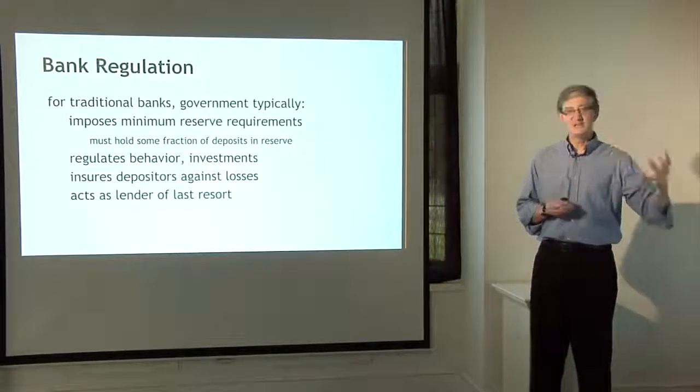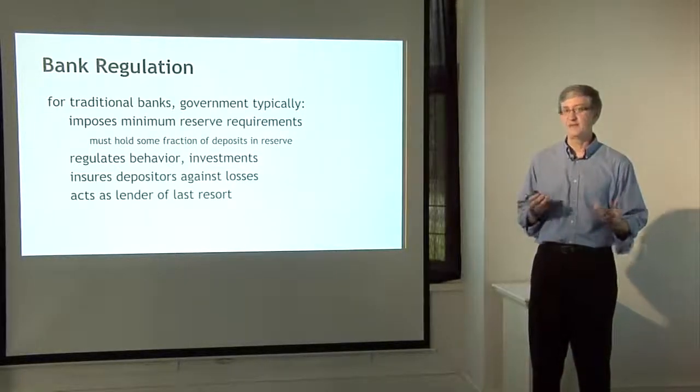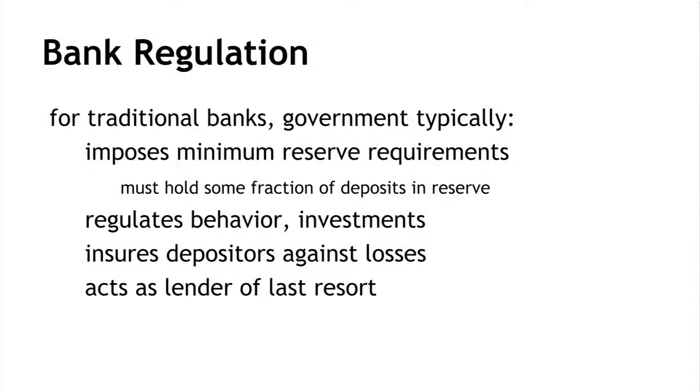Now, connecting this back to banks, we don't see a 45% failure rate for banks in most developed countries. And the reason for that partly is because of regulation. For traditional banks, government regulates in various ways. The first thing that governments do is they often impose a minimum reserve requirement.